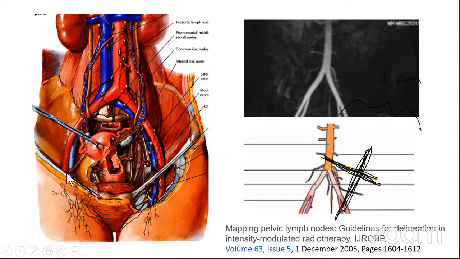So right from the bifurcation up till here, a 7 millimeter circumference around these vessels would encompass almost 88% of all the nodes draining the cervical region. So if we target the tissues around these vessels to the tune of 7 millimeters in radius, we would be covering 88% of the nodes.